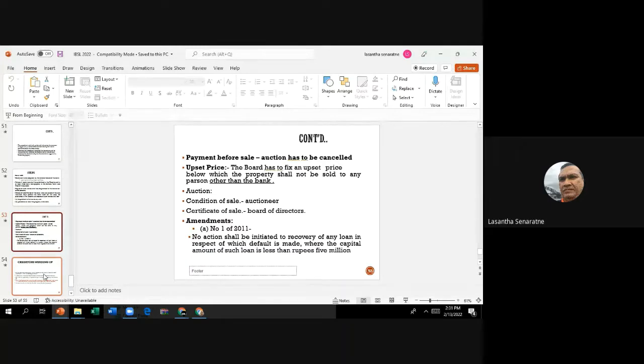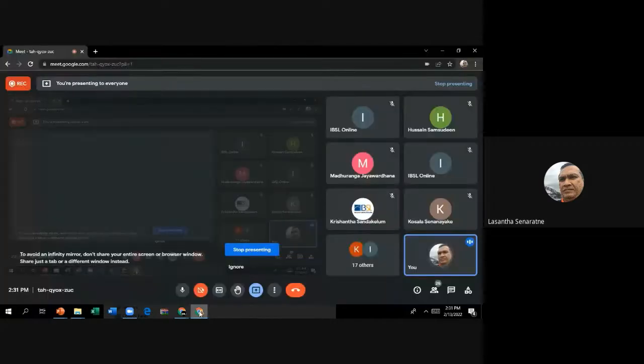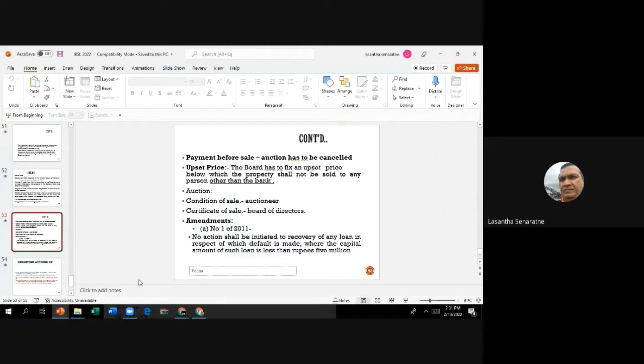Otherwise, you can't sell the property for a lower amount where the outstanding may be just 10 million. You can't sell 50 million worth of property for 10 million because your outstanding amount is small, right? So you need to ensure that you sell it at the right price, and any difference after you settle the outstandings of the loan should be given back to the customer, because it's very important that we protect the customer's interest.